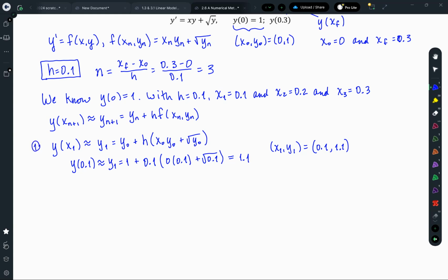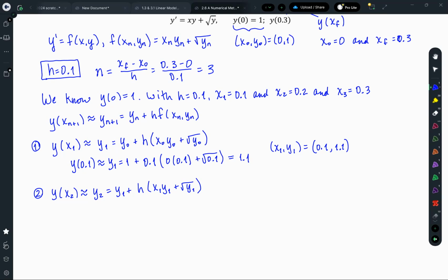So we'll do 1. Okay, our second calculation, we want y of x2, which will be approximately y2, which is equal to y1 plus h times x1, y1 plus the square root of y1. And believe it or not, I actually do write these out every single time because it's too easy to just put numbers in, but accidentally put the wrong numbers in.